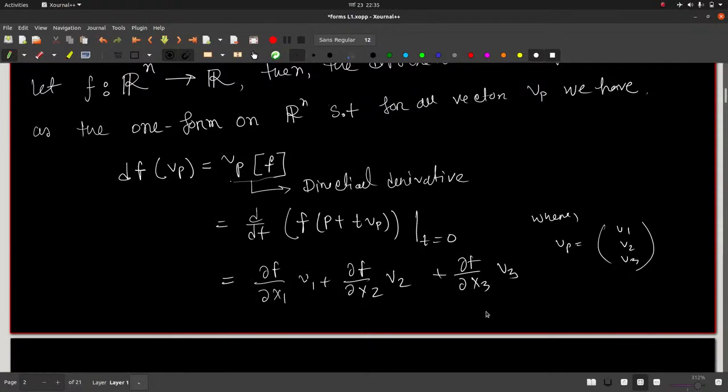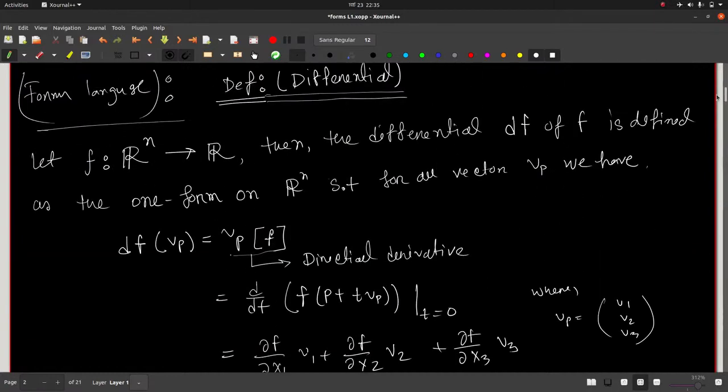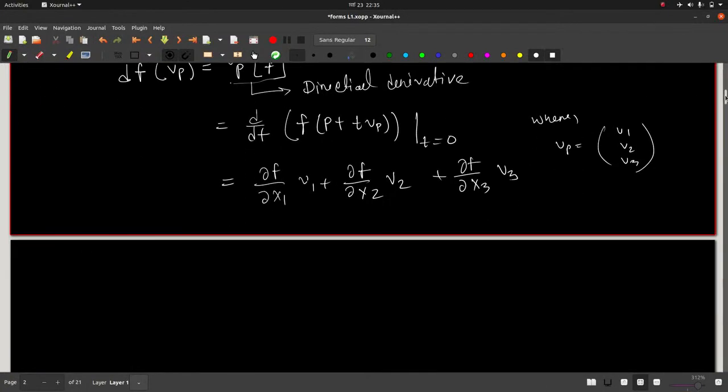Now before we proceed, we want to see another thing. That means we want to see how we can start from here, the directional derivative notation, and end up over here. Okay, so for that we want to write vp, that was written like this.